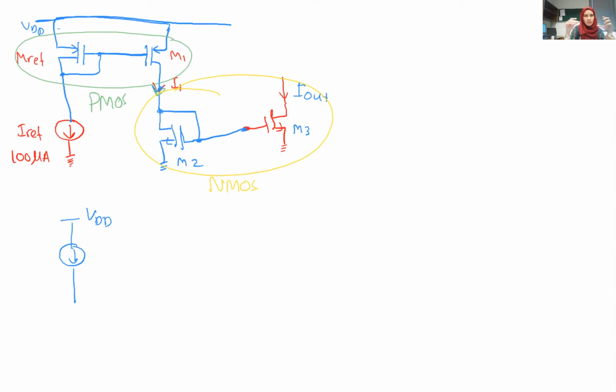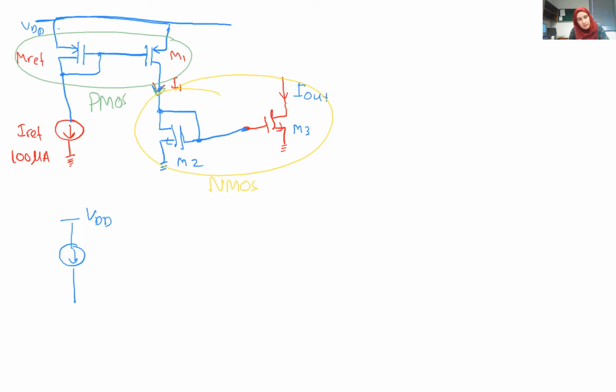Now, in terms of how they are formed in a circuit, in what I am showing you in the circles, the green circle with the IREF is the input, the PMOS current mirror, and it allows you to copy IREF into I1, and the NMOS current mirror allows you to copy I1 into I out.